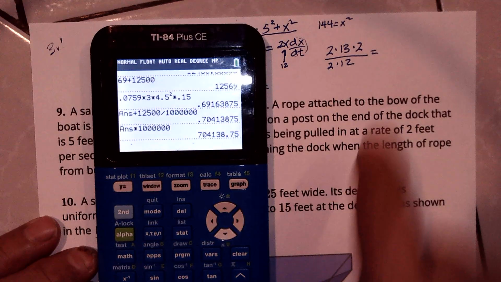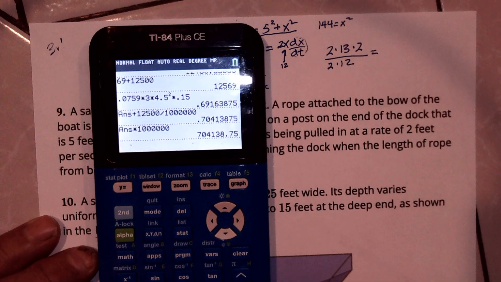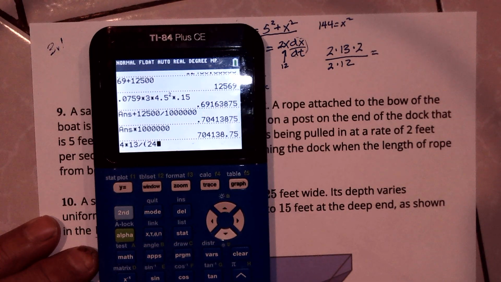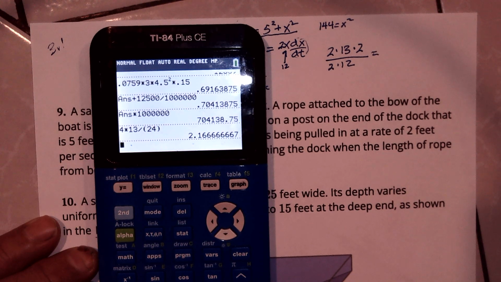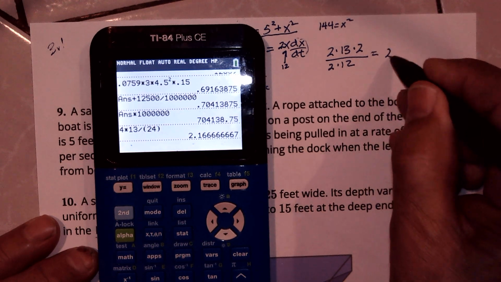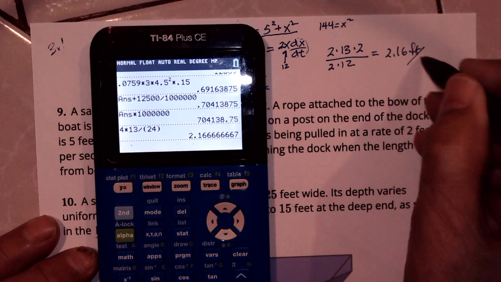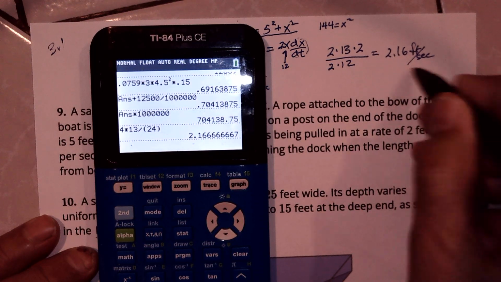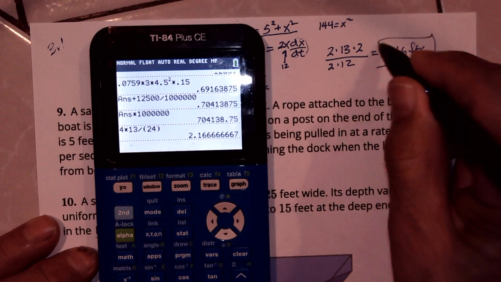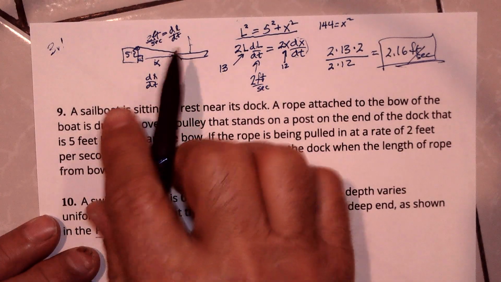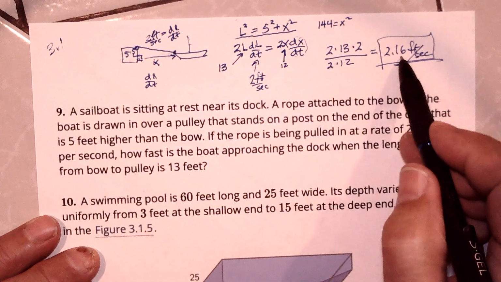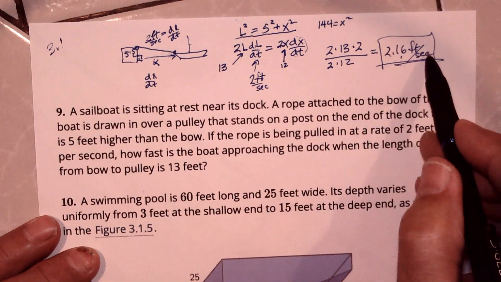So 4 times 13 divided by 24, and we get 2.16 feet per second. That's how fast the boat's coming in. If the rope is coming in at 2 feet per second, the boat's going to be coming in a little bit faster.